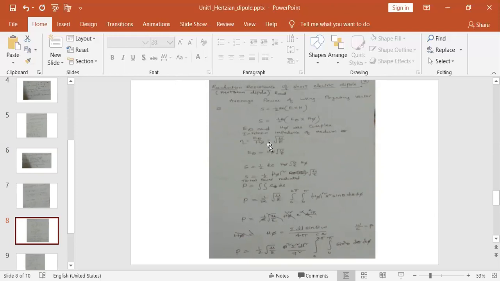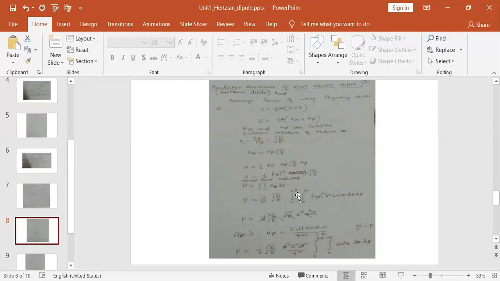So from the previous expressions, we'll consider E theta and H phi and substitute here. S is equal to 1 by 2 into the real part of H phi into E theta; if you write E theta also in terms of H phi, then it becomes 1 by 2 mod H phi square into eta.